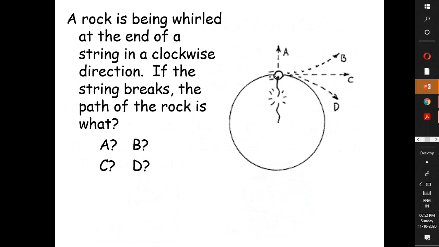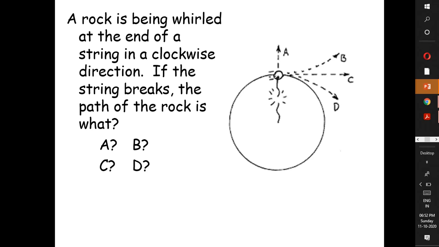A rock is being whirled at the end of a string in a clockwise direction.